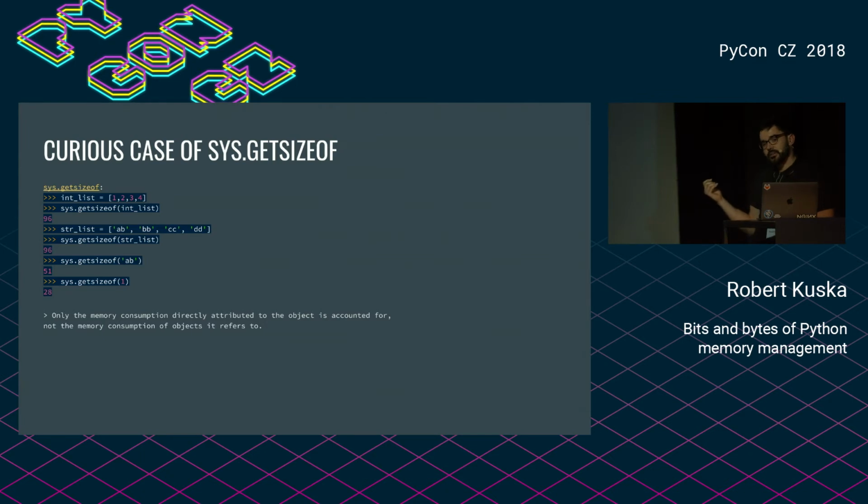So, as I was saying at the beginning, my colleagues tried to use sys.getsizeof to get the actual memory usage of some objects, which is not good, because if you look at the examples, you get a list of integers and a list of strings, and when you call getsizeof on both of them, it returns the same number, even though obviously a string and an integer have different sizes.